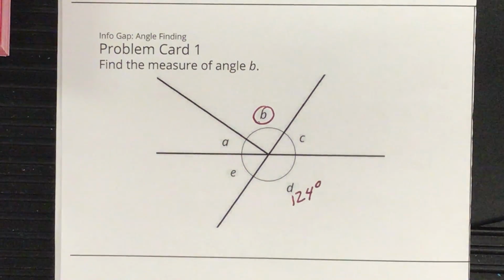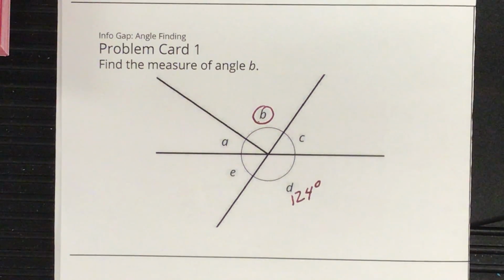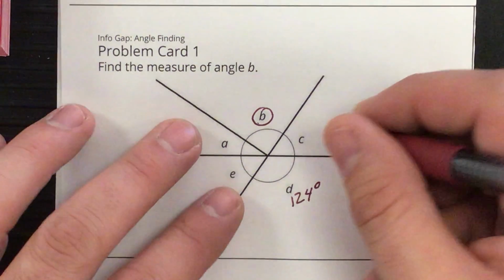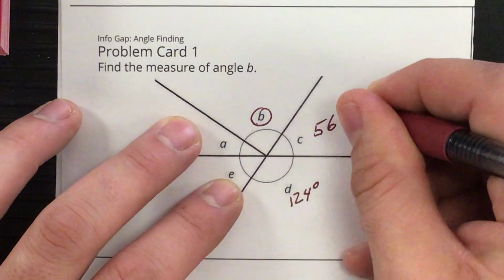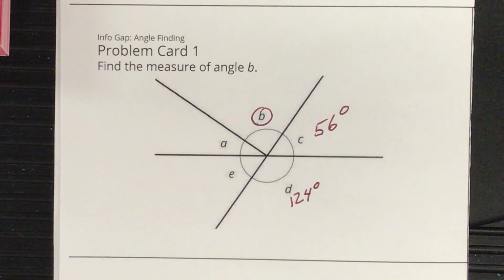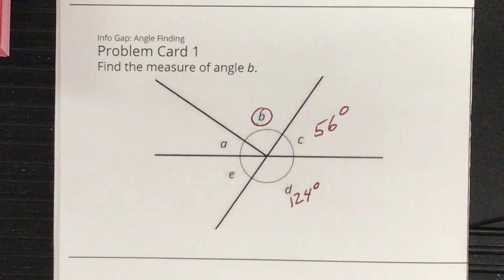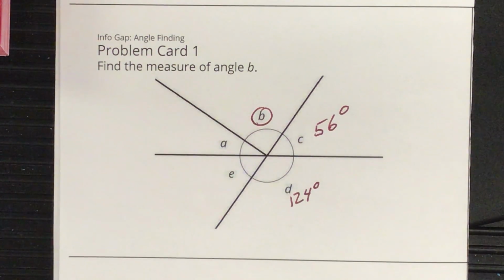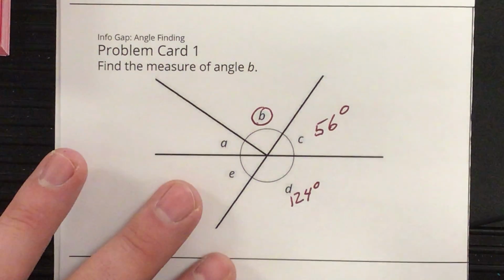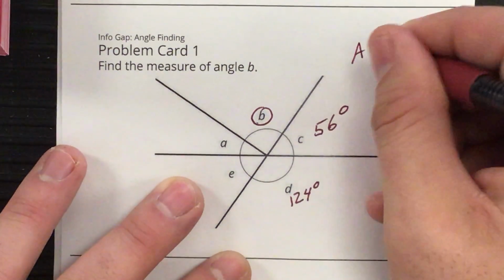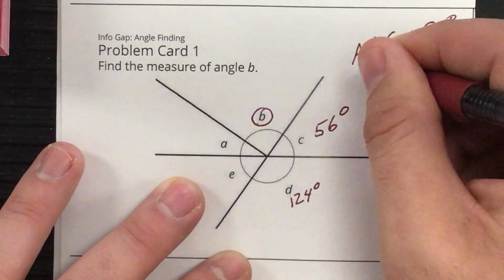Angle D is 124. Georgia. Wait, you don't have A, you said? I do not have A. Oh, never mind then. C. I do have C. And then there's a couple other things I have noted that don't involve degrees, dealing with terms that we talked about yesterday. A and C are complementary.